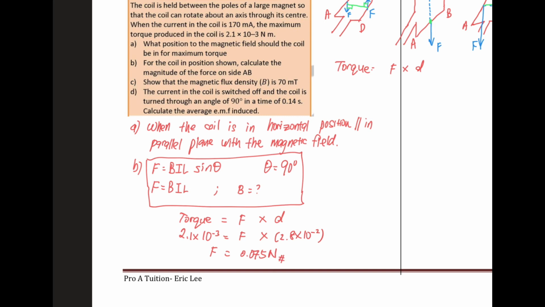Now part C. Show that the magnetic flux density B is 70 millitesla.